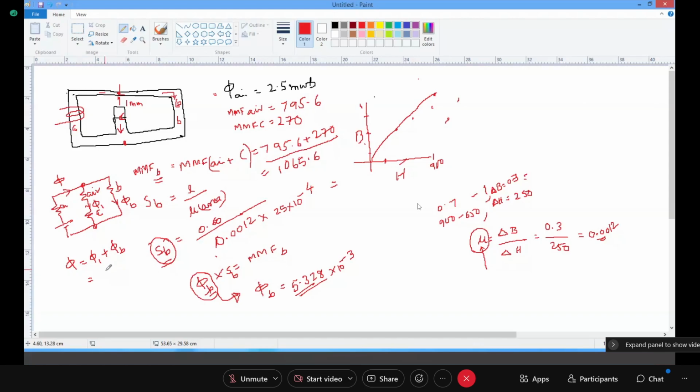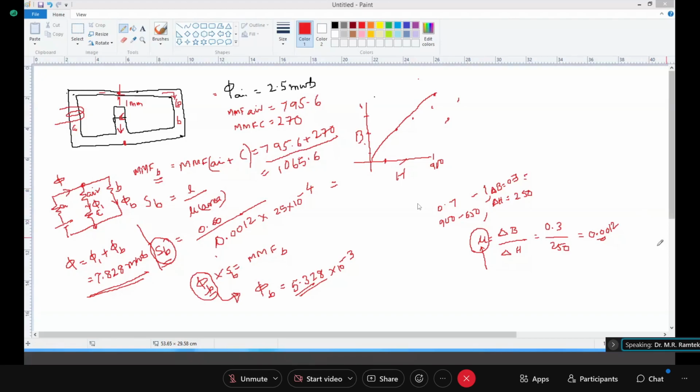It is something like 7.828 milliweber. Clear? Anything wrong in calculation? Is it correct?